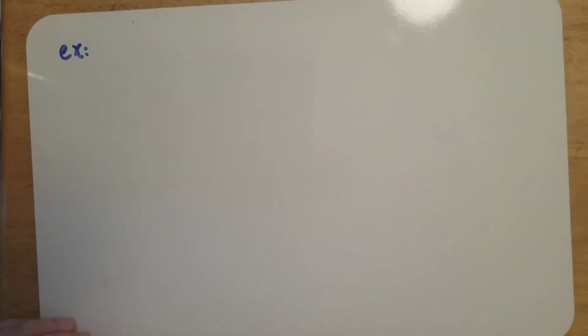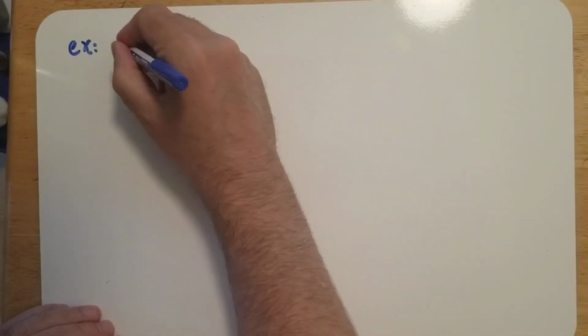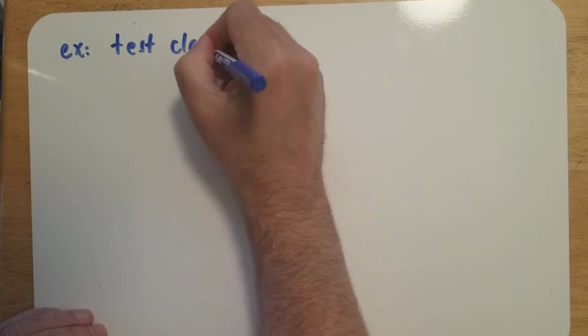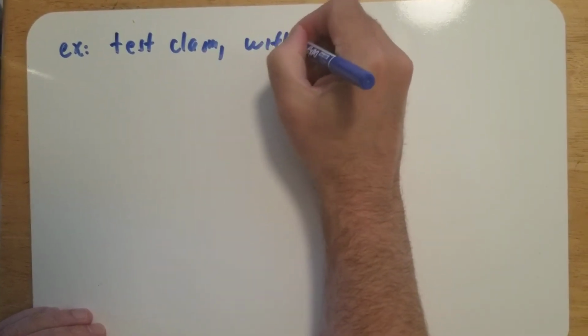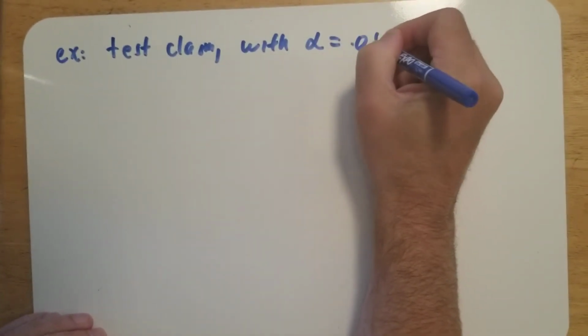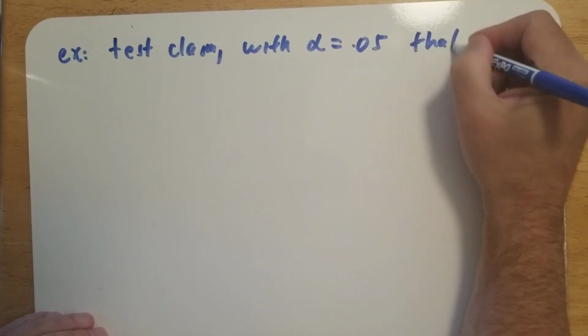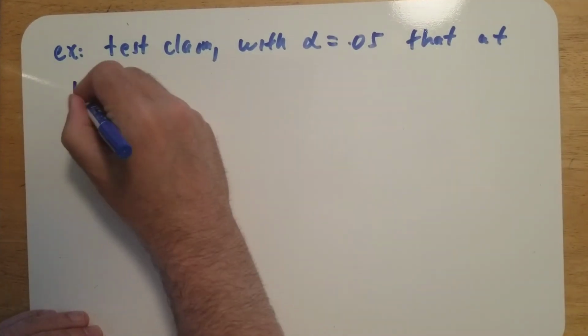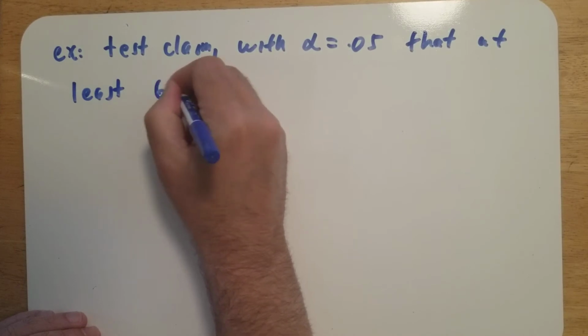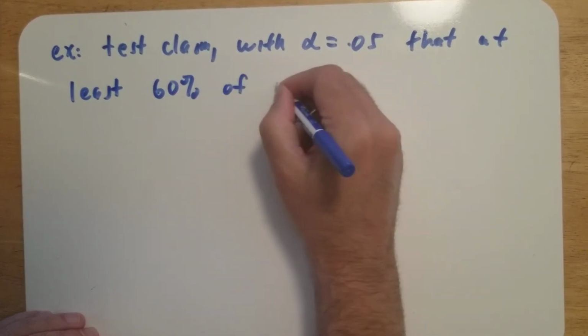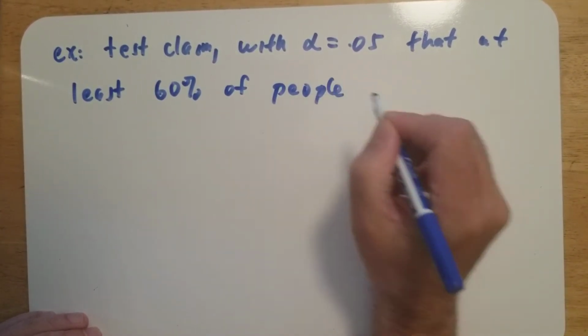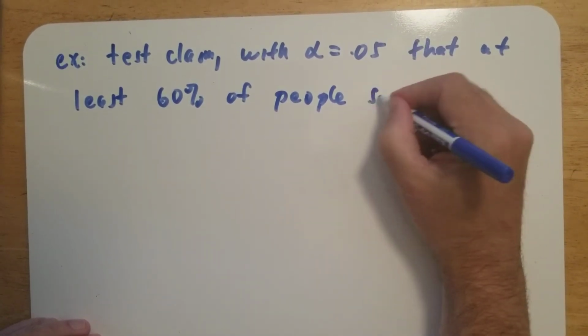So here's another example. In this example, test the claim with alpha equals 0.05 that at least 60% of people saw a UFO.